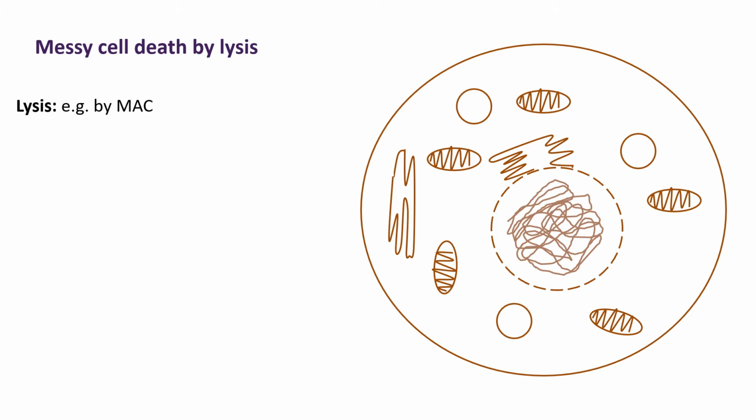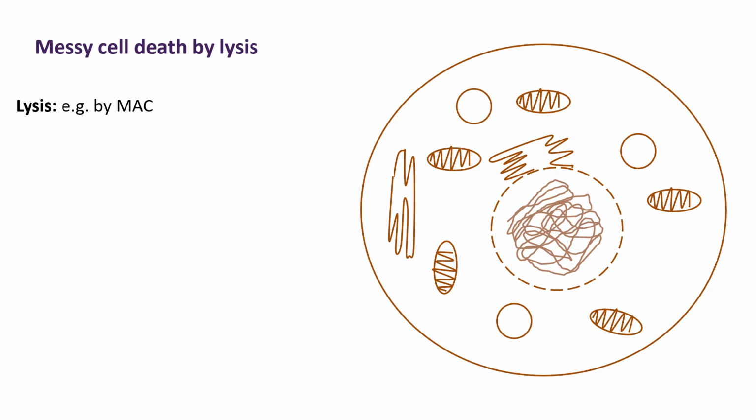So let's have a bit of a talk about cell death, because we have two versions of cell death. And you remember we talked about membrane attack complex. We talked about it making pores in pathogens or host cells. Sodium floods in, water follows, the cell swells and eventually bursts and goes into lysis.